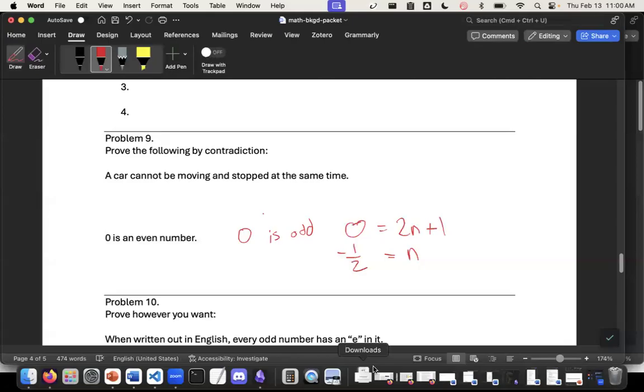And then what do you have? Where do we go from here? We could plug it back in if we wanted to, but then we would get 0 equals -1/2 times 2 plus 1, which is -1 plus 1, which is 0.